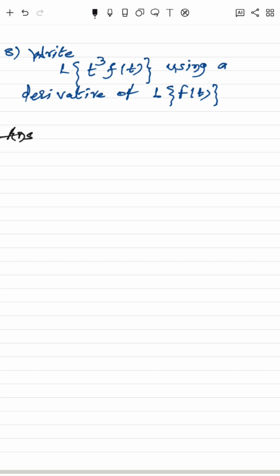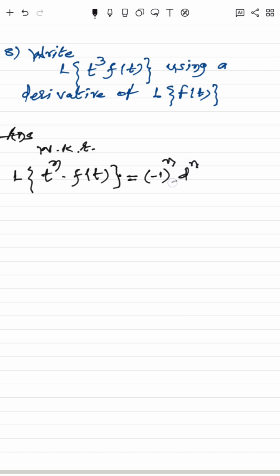To write the answer, we take the help of again a standard theorem. We know that Laplace transform of t raised to n into f of t, means function f of t multiplied by t raised to n, as per this theorem, is minus 1 raised to n times the nth derivative with respect to s of f bar of s.